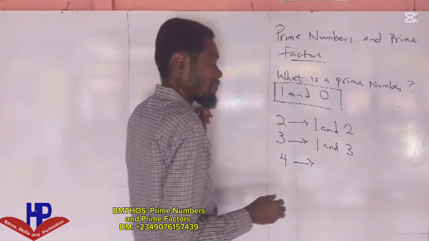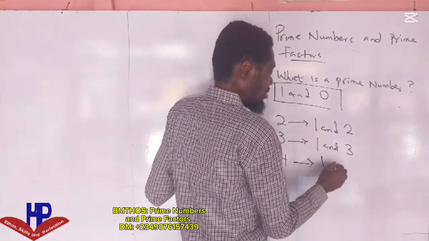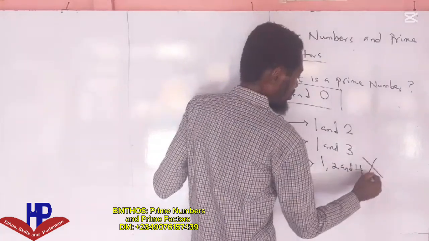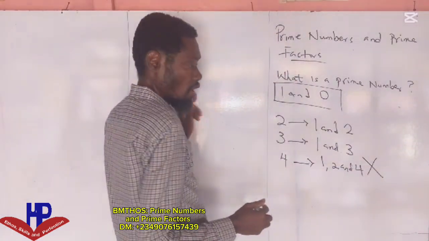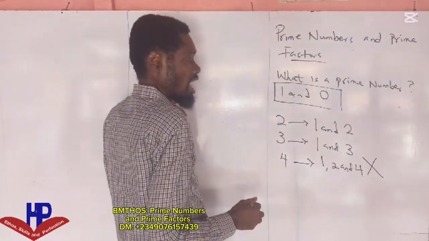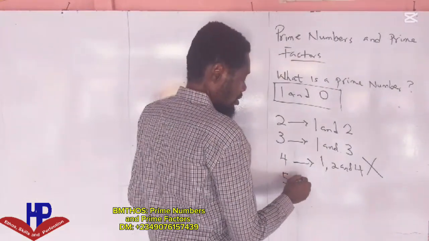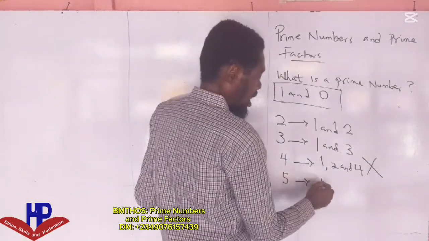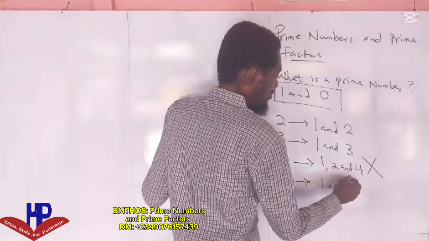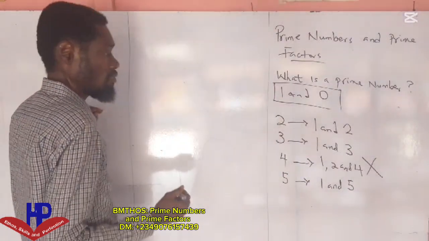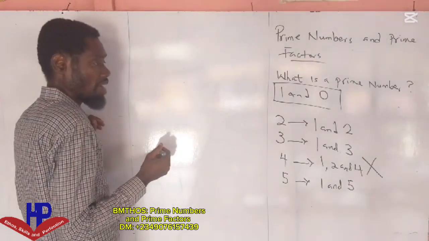The numbers that can divide 4 are 1, 2, and 4. So 4 is not a prime number. Let's see, 5. The numbers that can divide 5 are 1 and 5. So 5 is a prime number.